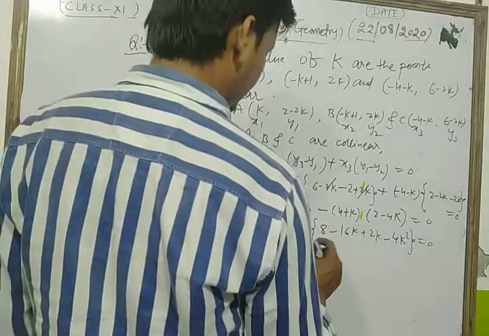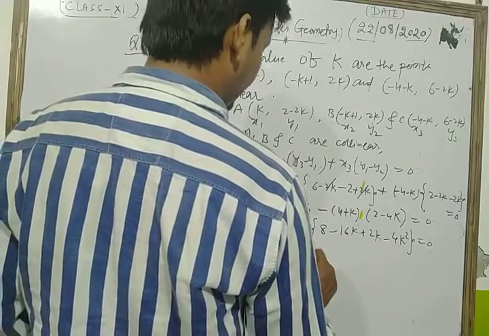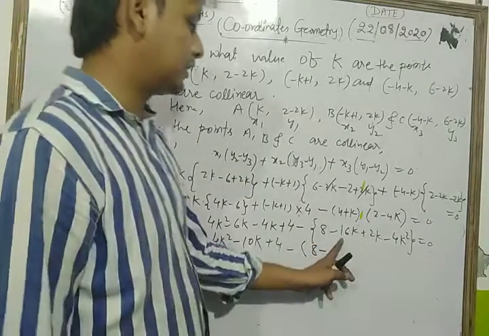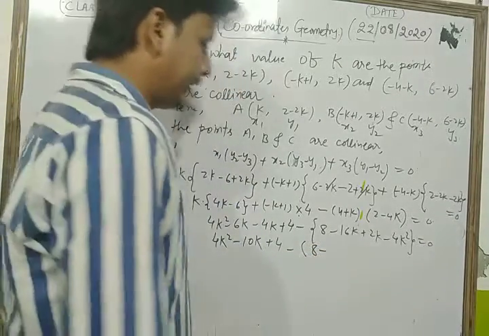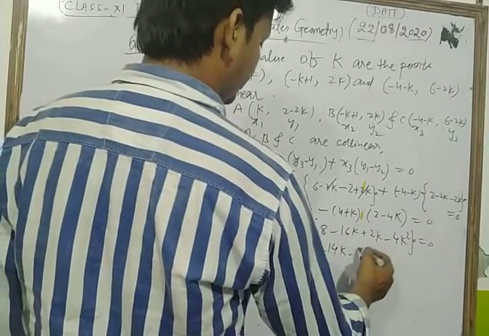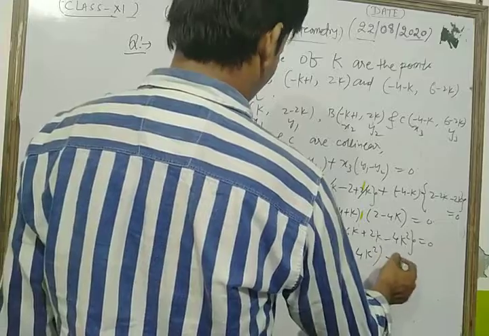Now minus, here first we simplify within the bracket, we get 8 minus minus 16k plus 2k, which is minus 14k. Here we write minus 14k, and we write minus 4k square as it is, equal to 0.